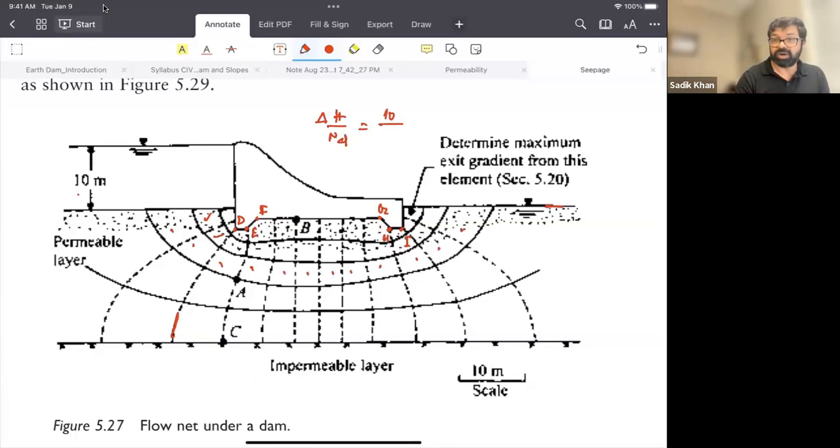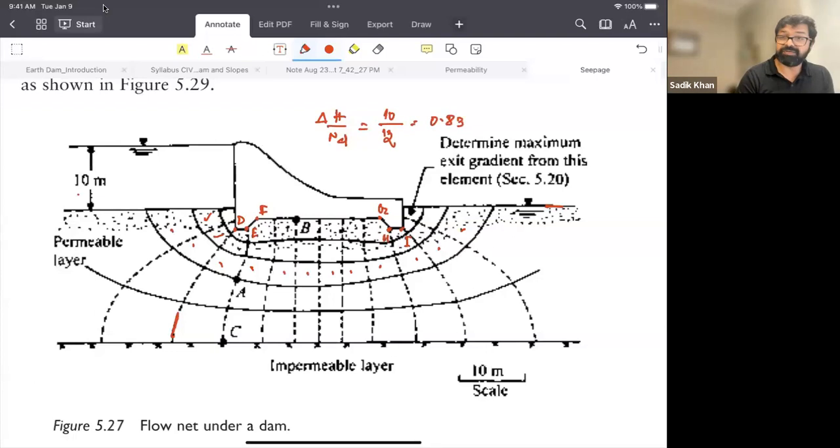So your ND equals 12, and each drop is 10 by 12. What is 10 by 12? It is 0.83.